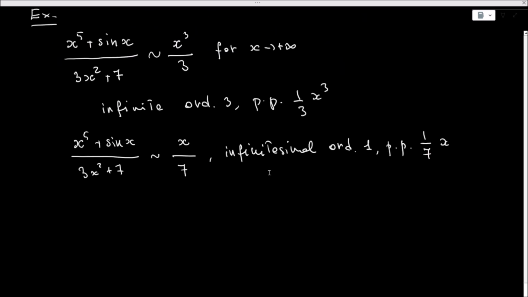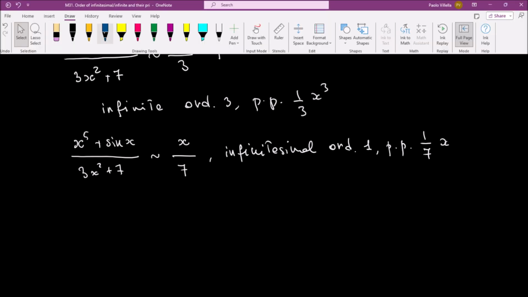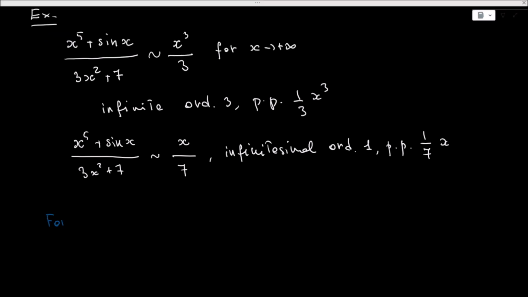To prove this last thing formally, let's provide the formal proof of this. Well, we need to evaluate the limit as x goes to 0 of (x to the fifth plus sine of x) divided by (3x squared plus 7), divided by 1/7 x, right?